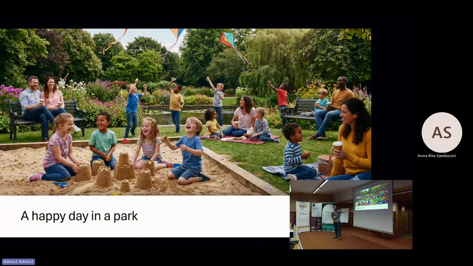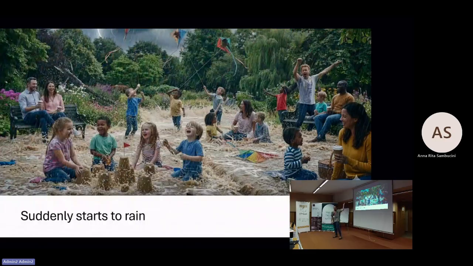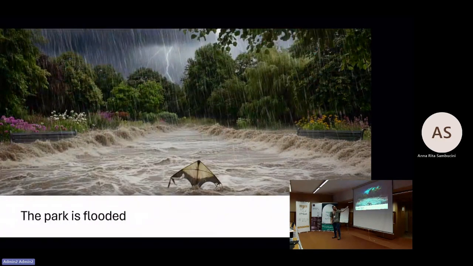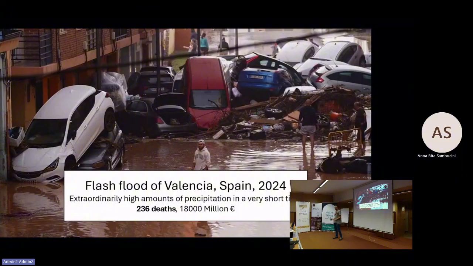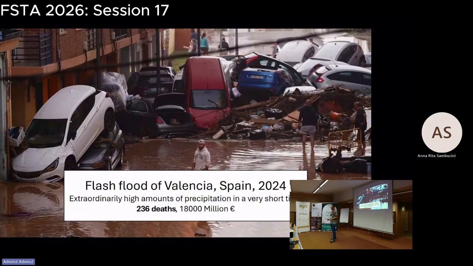Here we have some families enjoying their time in the park. Suddenly it starts to rain, a very heavy rain. And the park is flooded and we don't know what happened with the people. Maybe you have heard about the flood of Valencia in 2024, which caused more than 200 deaths and a lot of money.